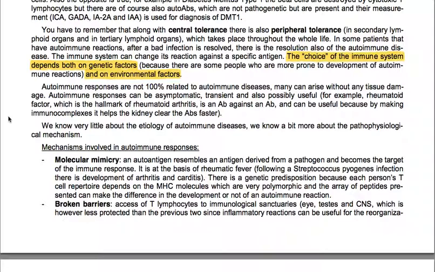Mechanisms involved in autoimmune responses. We can have molecular mimicry, that is, an autoantigen resembles an antigen derived from a pathogen and becomes the target of the immune response. It's the basis of rheumatic fever, the development of arthritis and carditis following a Streptococcus pyogenes infection.